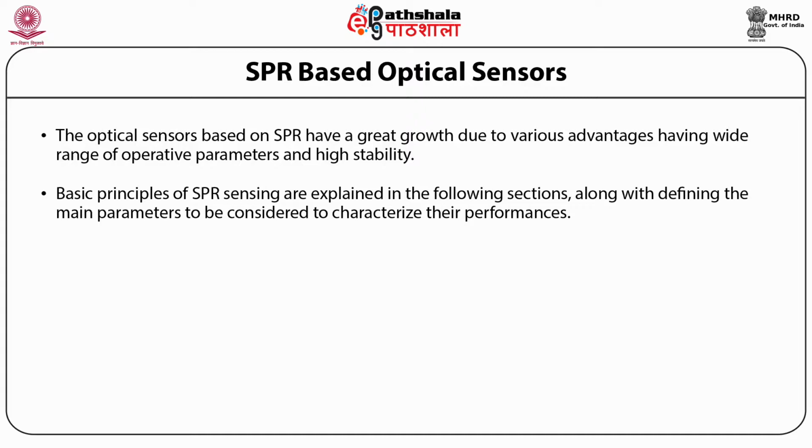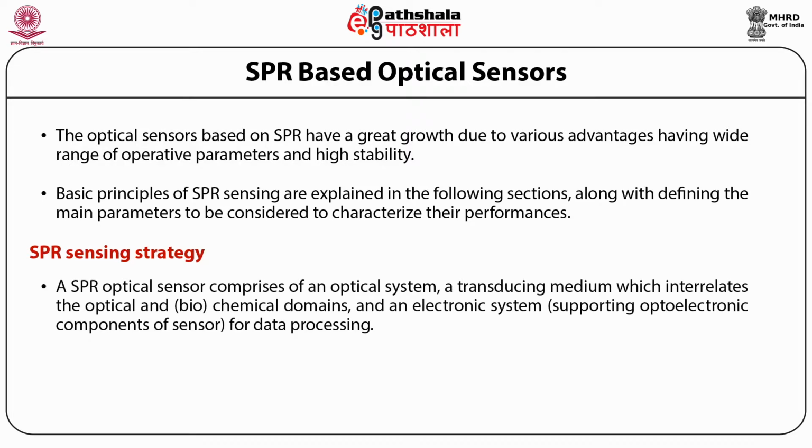Let us first discuss the SPR sensing strategy. The SPR optical sensor is composed of an optical system, a transducing medium which interrelates the optical and biochemical domains, and an electronic system supporting the optoelectronic components of the sensor for data processing.